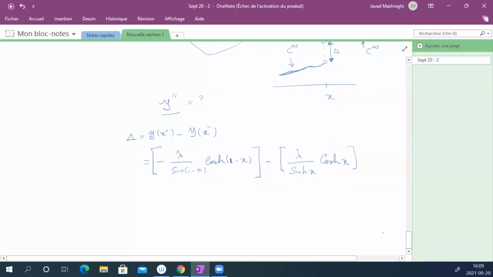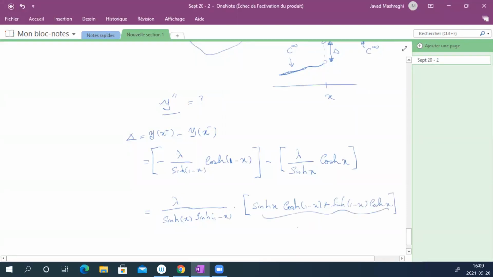It looks a bit complicated, but you can simplify, factorize lambda sine hyperbolic x sine hyperbolic 1 minus x. What you have in the numerator now is sine hyperbolic x cosine hyperbolic 1 minus x plus sine hyperbolic 1 minus x cosine hyperbolic x.